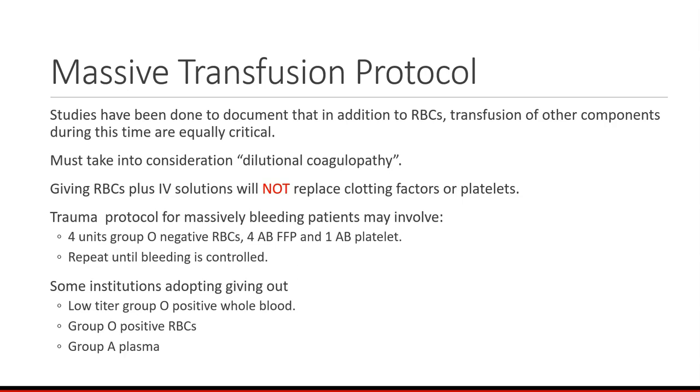And group A plasma has anti-B, so the only person that may be affected would be a B or an AB person, which, again, I'm not totally comfortable with. I understand it because massively bleeding, you're probably not going to survive. If you survive, you're going to be in immune paralysis where you're not going to recognize these foreign antigens as foreign.